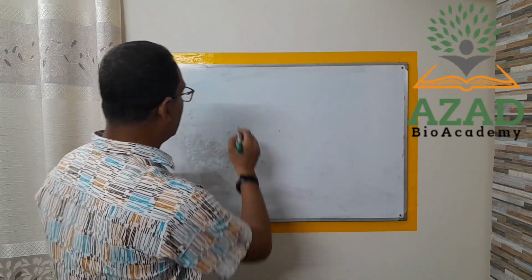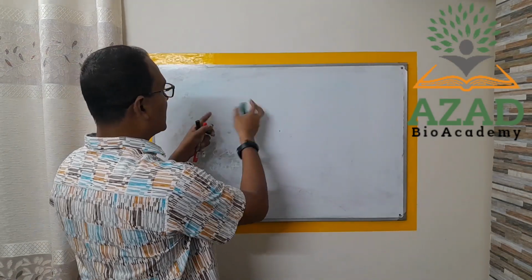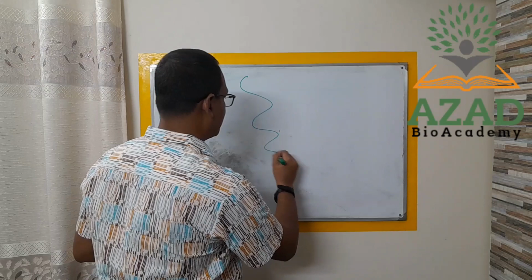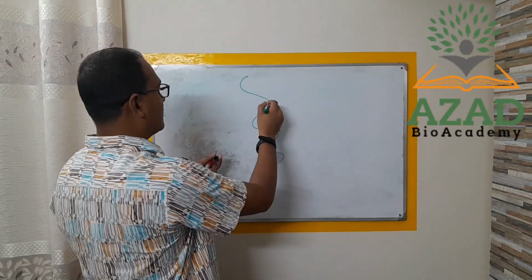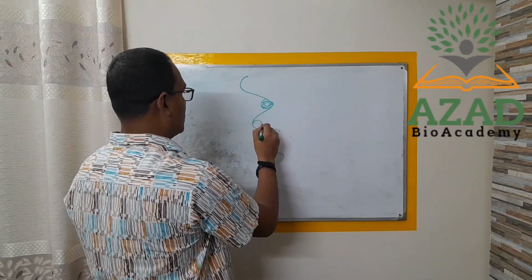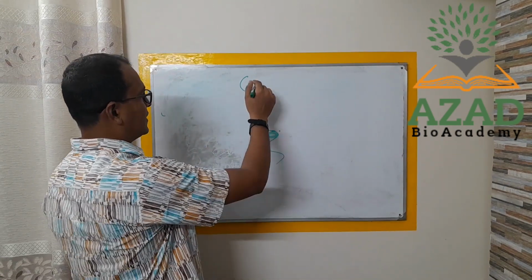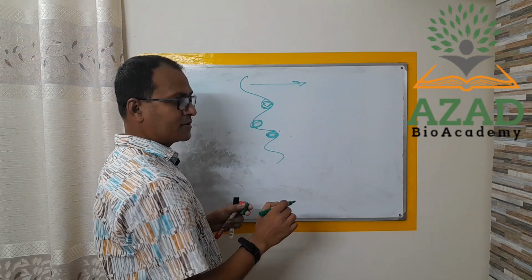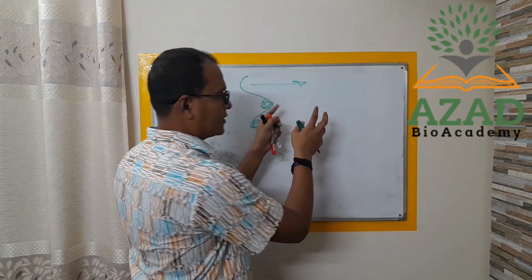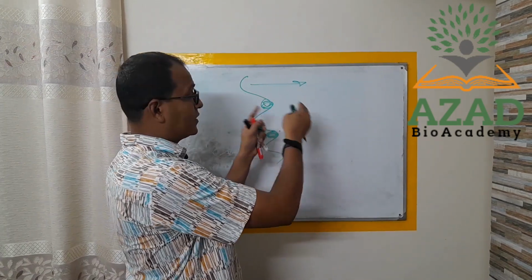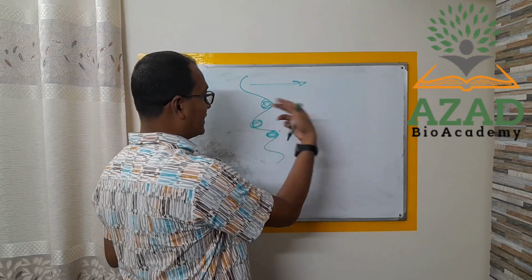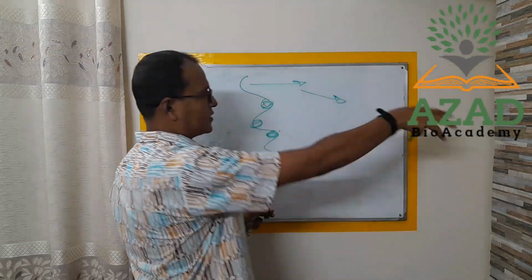If you think this is a single DNA which is wrapping up on the histone protein, that will be replicated. That means it will be copied during S phase, and then the condensation will start.